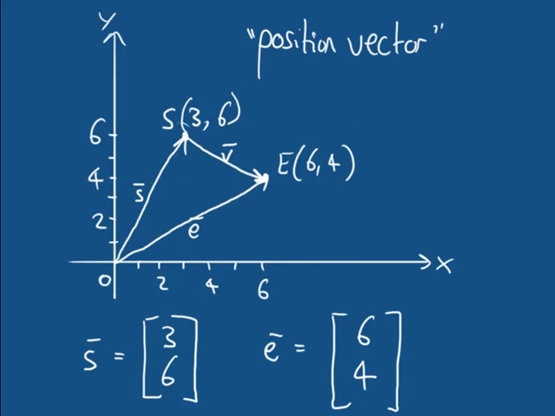Well, I need to start at this point, I need to travel down to the origin. So what I'm doing is I'm travelling along the length of S, but I'm travelling in the opposite direction, because S goes from the origin to that point. I wish to start at that point and go to the origin.